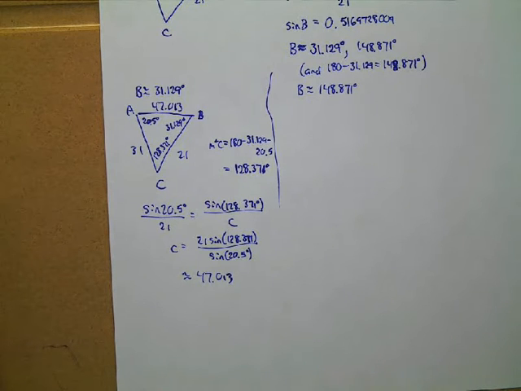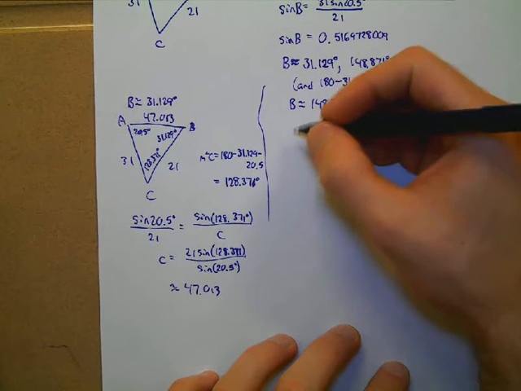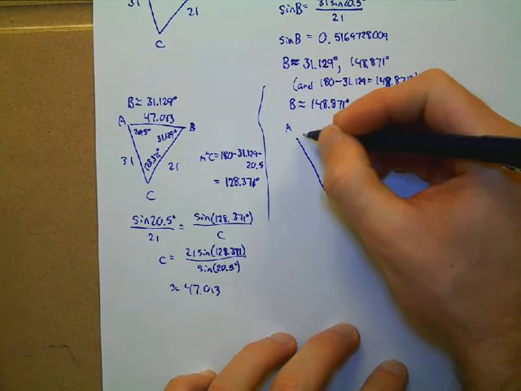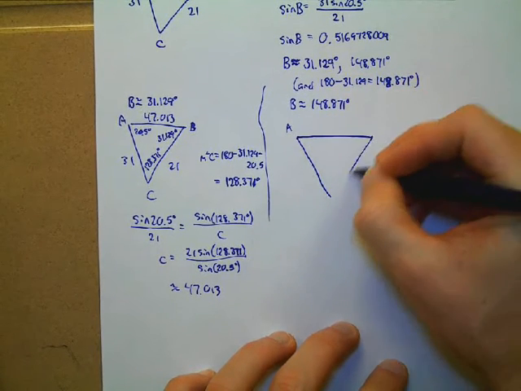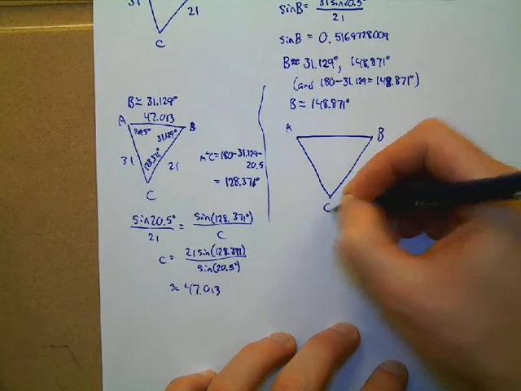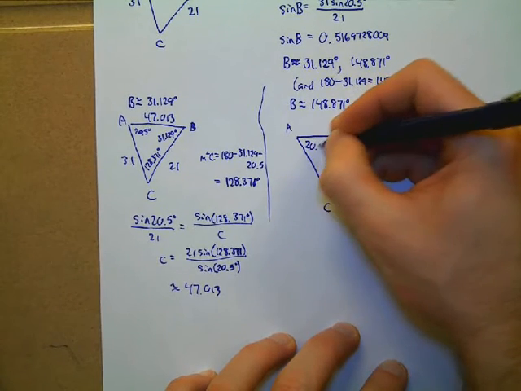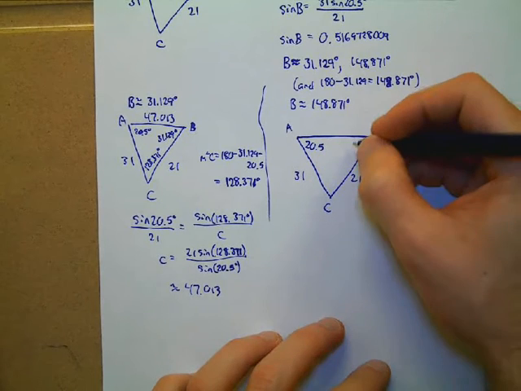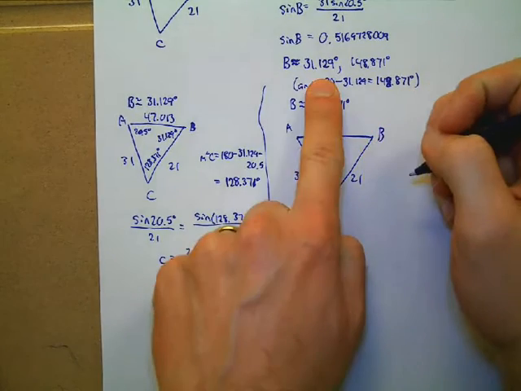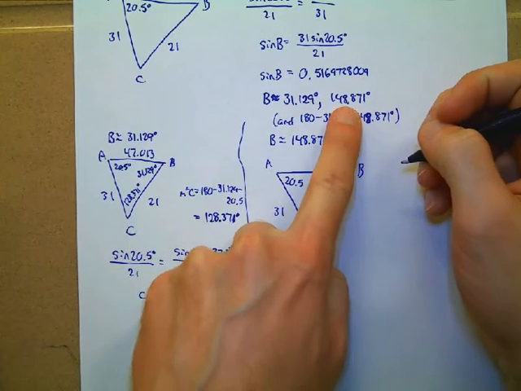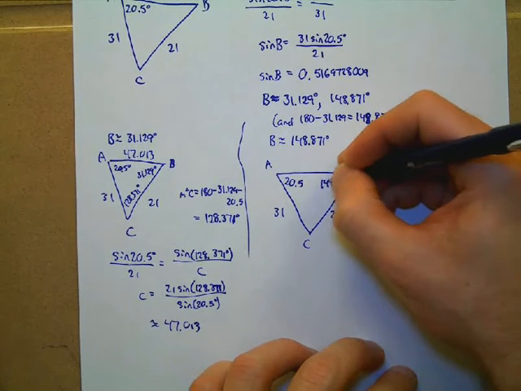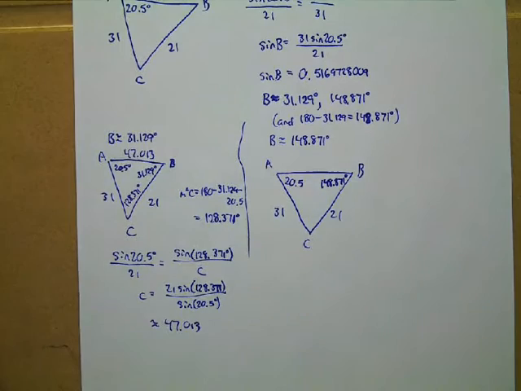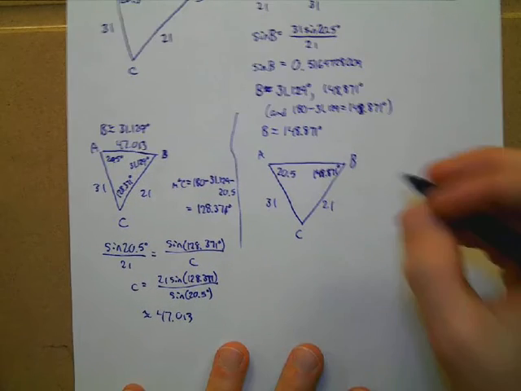Instead of using the 31.129, we'll use the 148.871 for B. The measure of angle C then will be 180 minus 20.5 minus 148.871. I get about 10.629.